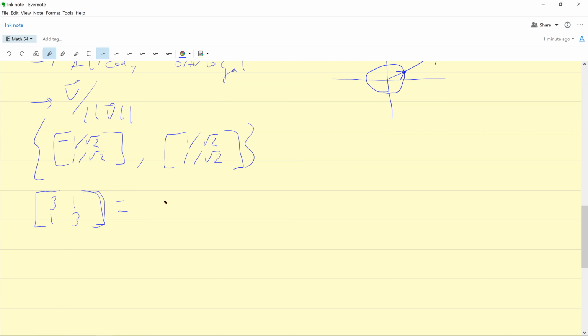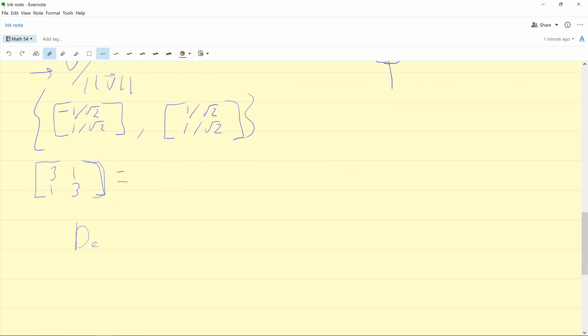So when we say we want to diagonalize a matrix, what's the answer going to look like? What's it asking us to do? Okay, the definition that we're looking for is that A is diagonalizable if A is similar to a diagonal matrix, right?